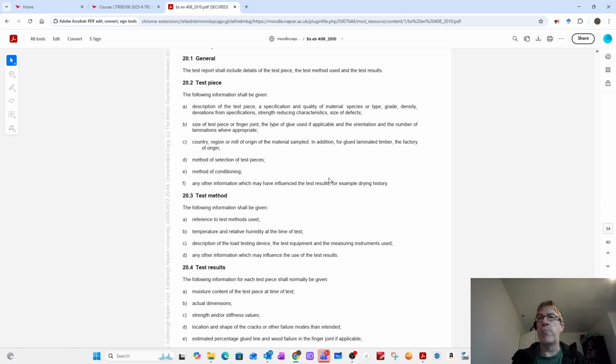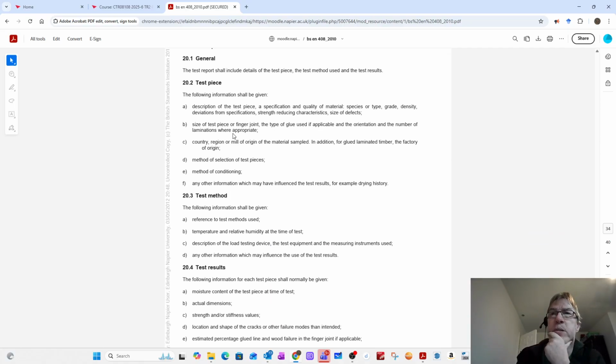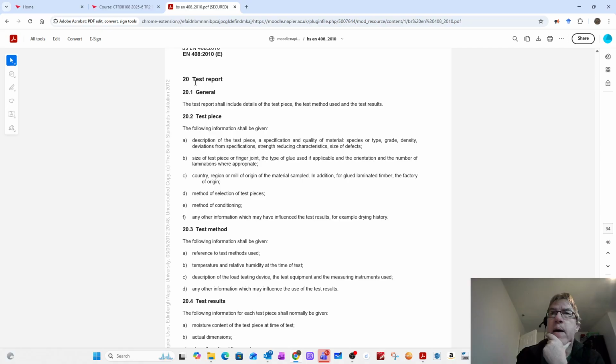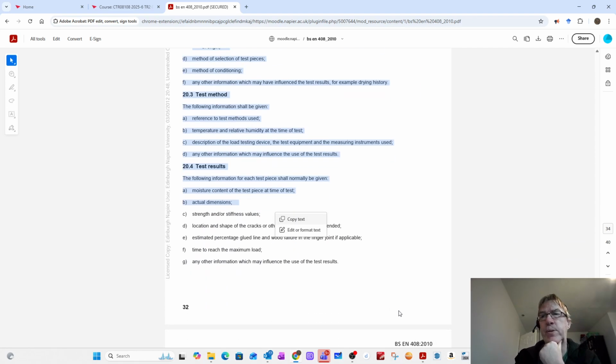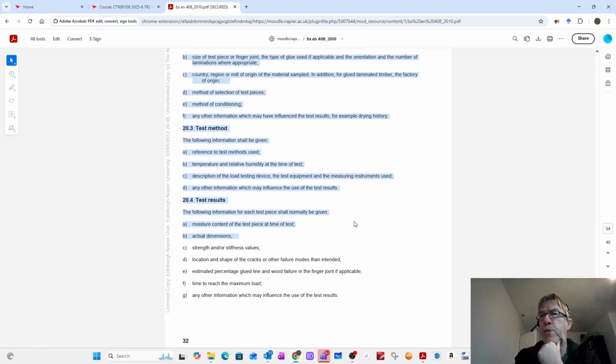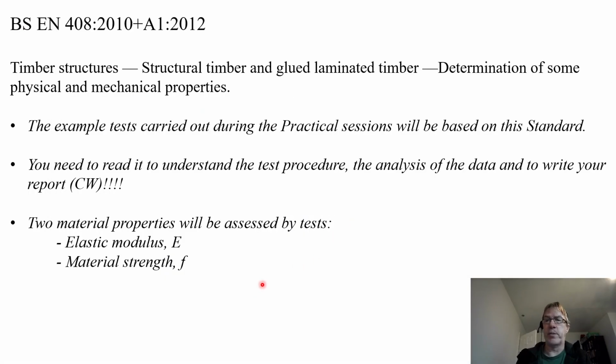Yes, page 32. This is the format for your test report. Everything that it says here, I would literally copy and paste into a blank Word document and use that as your template for your report. Again, we'll go over that in class, or we have gone over that in class. Let's go back to the slides.